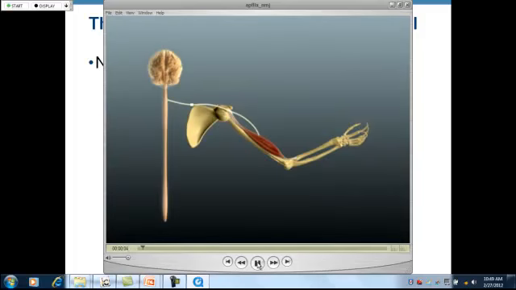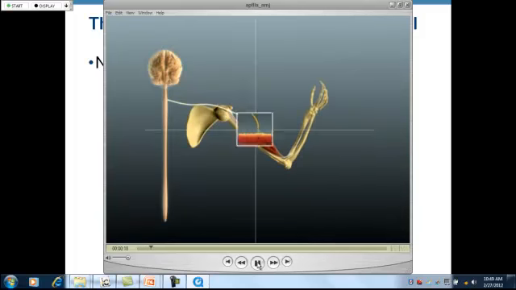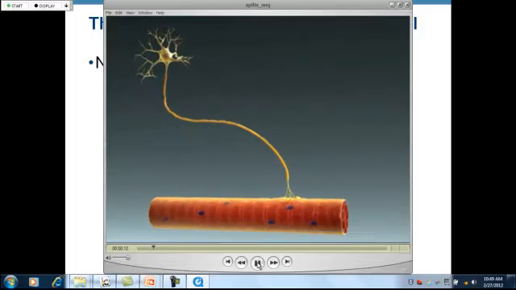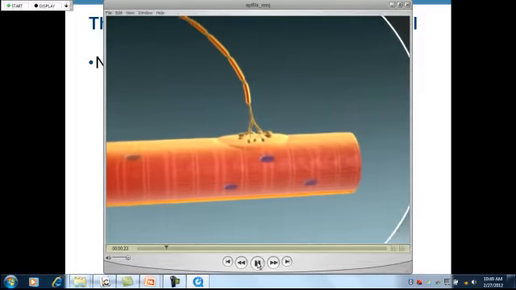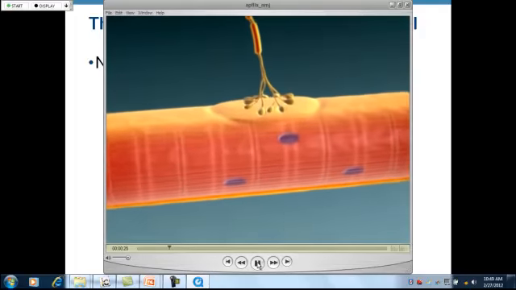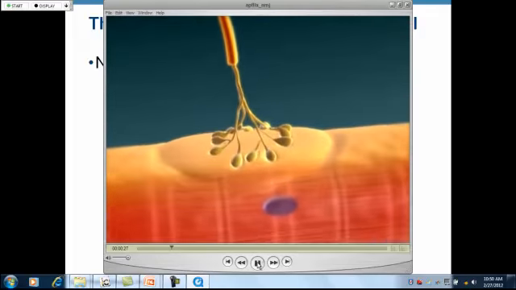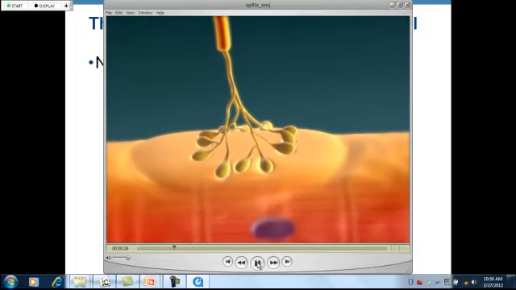An action potential propagates down a motor neuron to a skeletal muscle fiber. The site where a motor neuron excites a skeletal muscle fiber is called the neuromuscular junction. This junction is a chemical synapse consisting of the points of contact between the axon terminals of a motor neuron and the motor end plate of a skeletal muscle fiber.